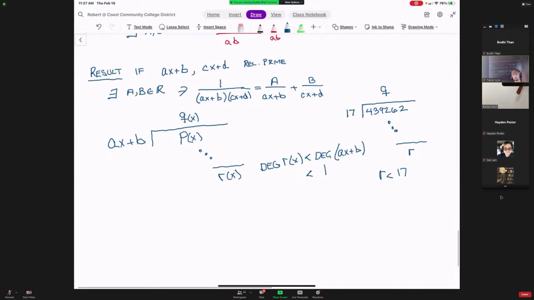But that's 1. So this means the degree of r of x is 0, which means it's just a number.